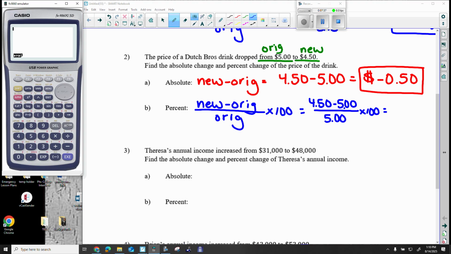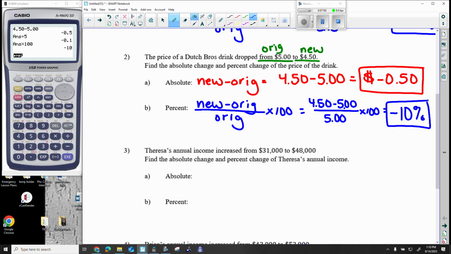When you plug this in, don't use the fraction button, or slow down and just take it one bit at a time. So get the top, divide by the bottom, and then times 100. So this went down 10%.